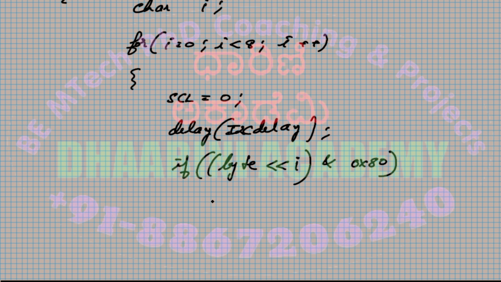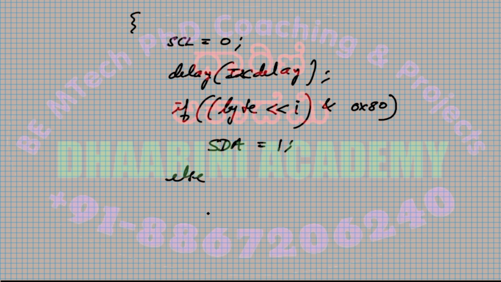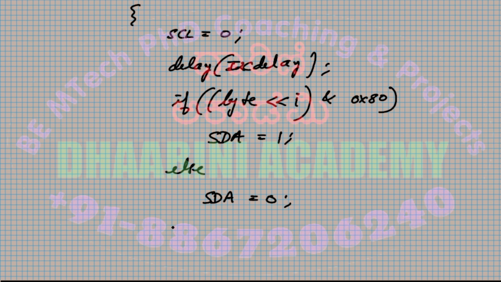That data will be sent on the bus, so that is SDA is equal to 1. Okay, else we make sure that SDA, the data, is 0. You're not sending a data over there. All right, once this is done, you send the data, one bit will pass.